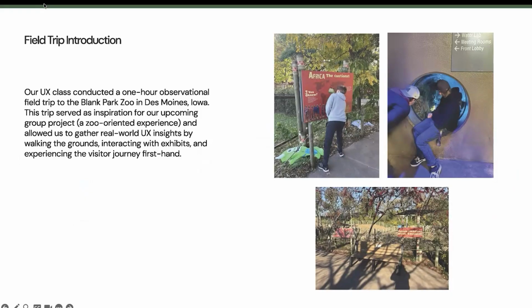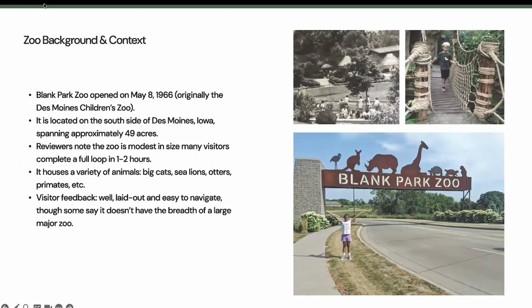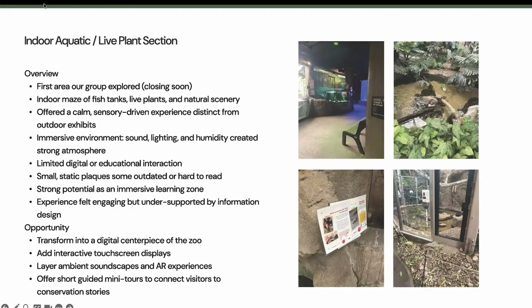They also began their process in the same way as Team A, with the observational field trip to Blank Park Zoo. Their contextual research surfaced background information that informed their design direction. This team also conducted a more detailed section-by-section analysis of the zoo space.